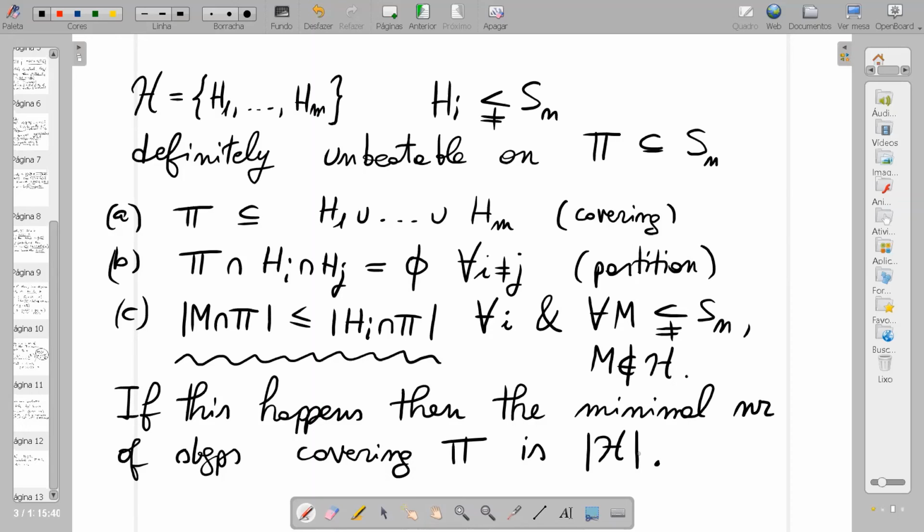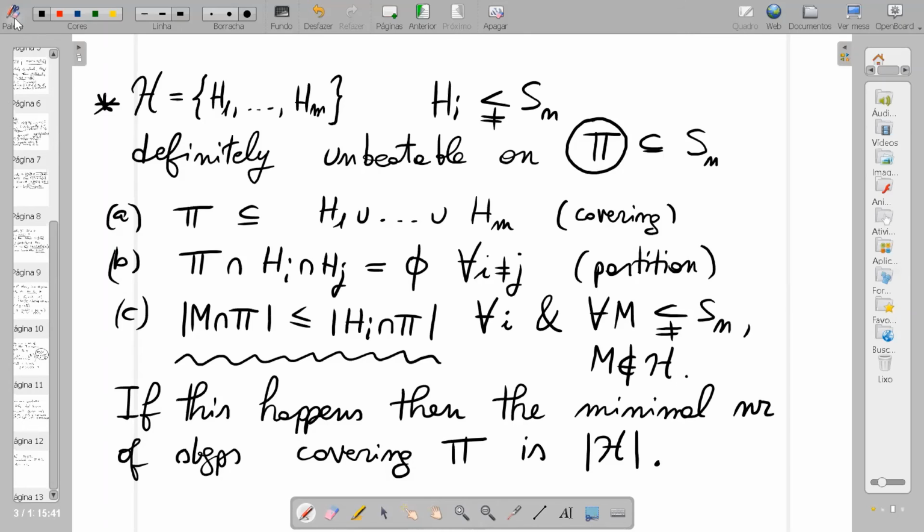And you see the difference with covering all the primary elements is that in this case you can choose your set pi in a way that you can construct this family H. So essentially, it gives you a way to construct things and to prove some inequalities or some properties, and then deduce that.